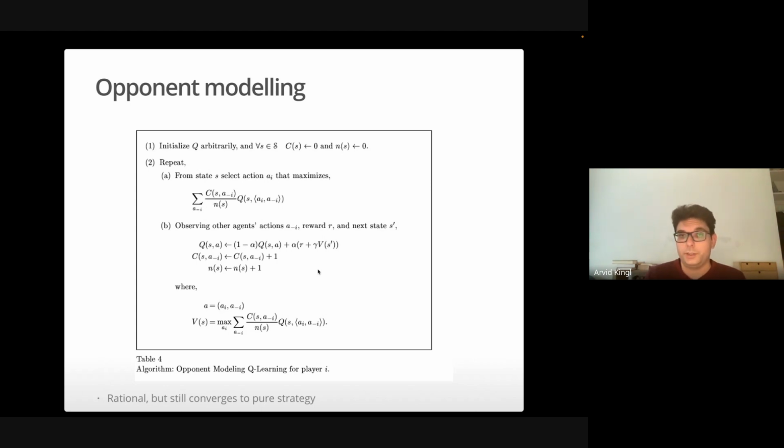And of course, it is rational to do so, if the opponent keeps a fixed strategy, to try to find the best action. However, again, it converges to a pure strategy, so it doesn't really converge to mixed strategies, which is what we know is the right thing to do. So it's also not complete in what we want.